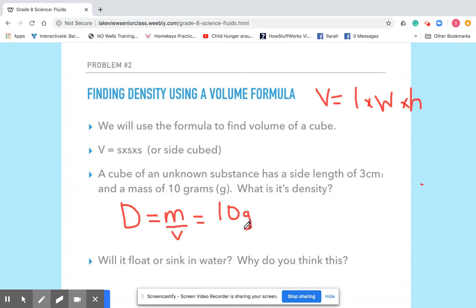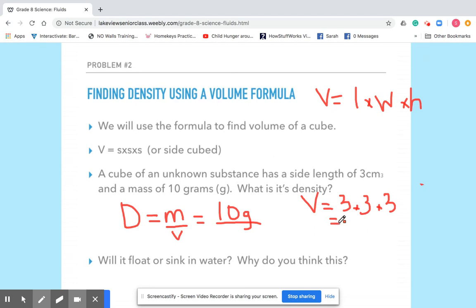But how am I going to find the volume? I'm going to actually have to calculate this volume out with the formula that we've put up here. Volume equals side times side times side, or side cubed. So that'd be 3 times 3 times 3, right? So when we multiply that out, grab our calculators.